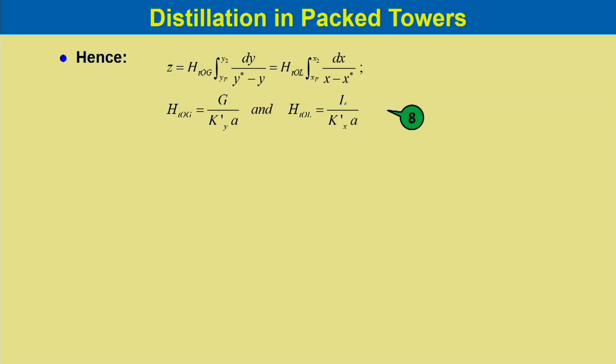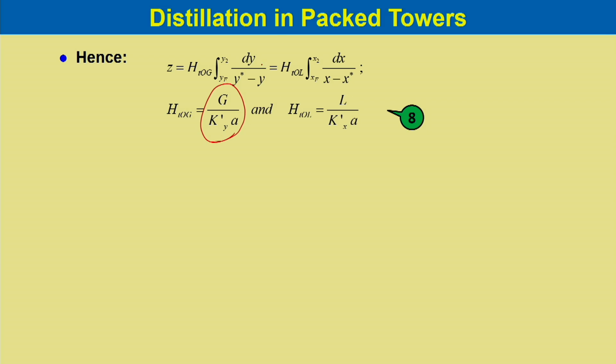So, if we do that, we will obtain Z is equal to HTOG, that is G by capital Ky dash A, and integral yf to y2 dy by y star minus y.